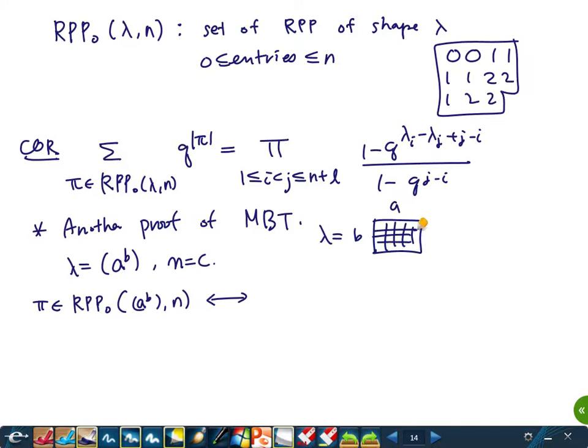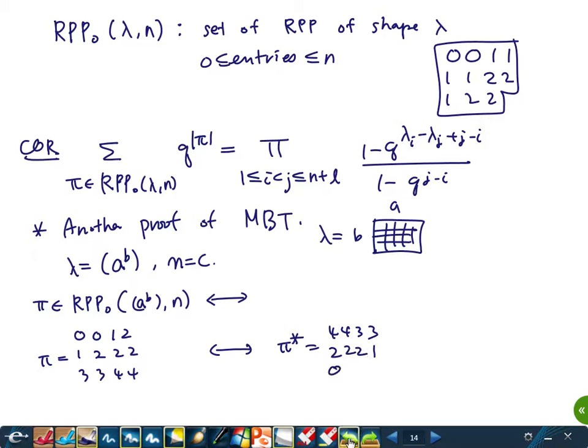So if you rotate this, for instance, lambda equals 0, 0, 1, 2, 1, 2, 2, 2, 3, 3, 4, 4. This is pi. Let pi star be the object obtained by rotating this 180 degrees. If you rotate this, 4, 4, 3, 3, 2, 2, 2, 1, 0, 2, 1, 0, 0.